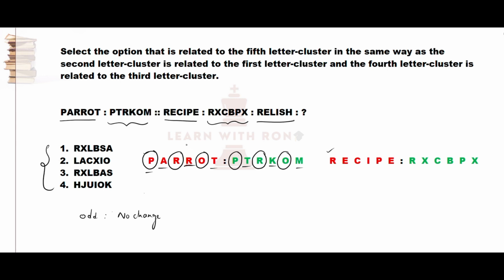See the even places here. Here we have letter A, corresponding number is 1 or 27, right? So here second letter value is T is nothing but 20. So if you take 27 and 20, from 27 it became 20, which means they subtracted 7. See the fourth letter here. Here R, corresponding number is 18 and here we have K, corresponding value is 11.